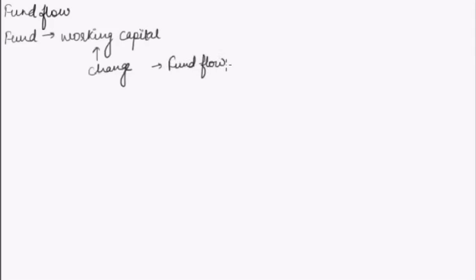Now the change in working capital could be outflow or it could be inflow. So in other words, we can say that when change in working capital takes place because of a transaction, then it is called flow of funds.